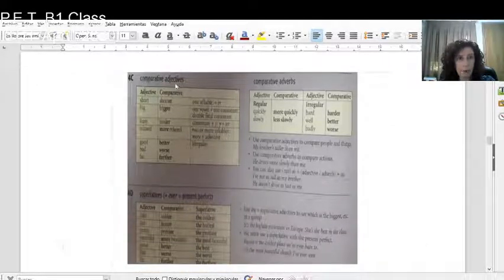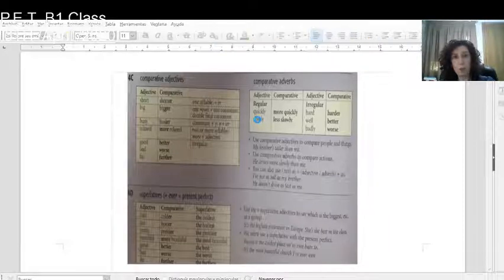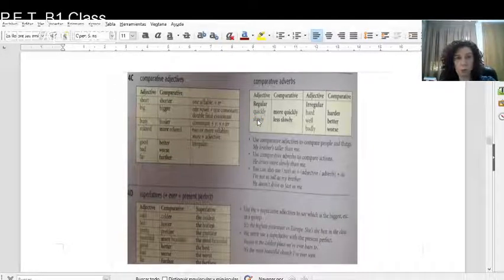Here you have comparative adjectives, the explanation, and comparative adverbs. From the adjective quick or slow, you make the comparison of the adverbs adding -ly, quickly, slowly, then more quickly, less slowly. And here you have the irregular adverbs.